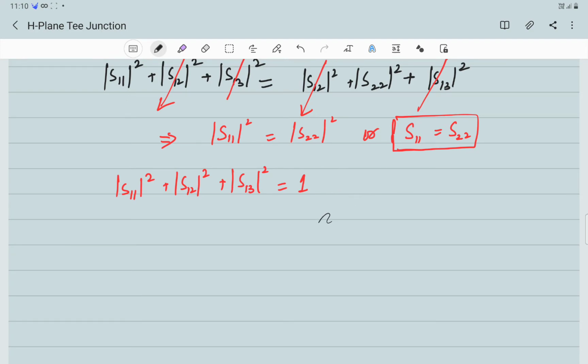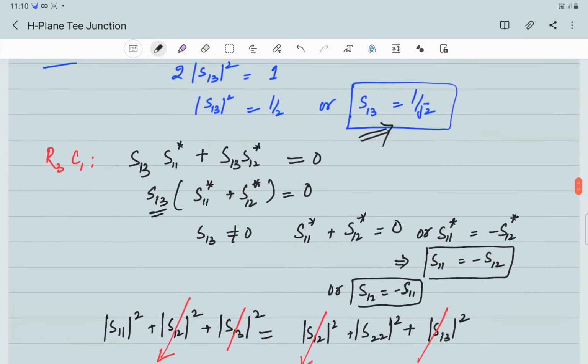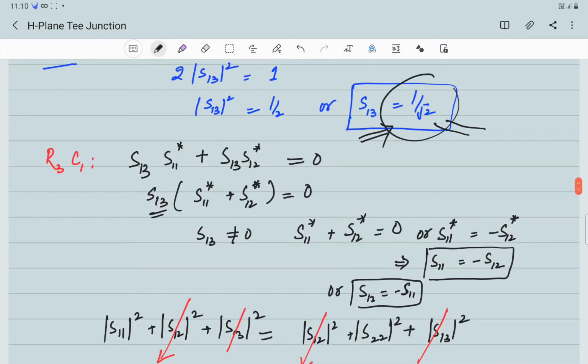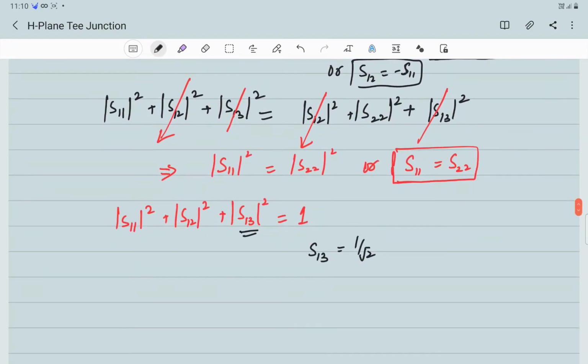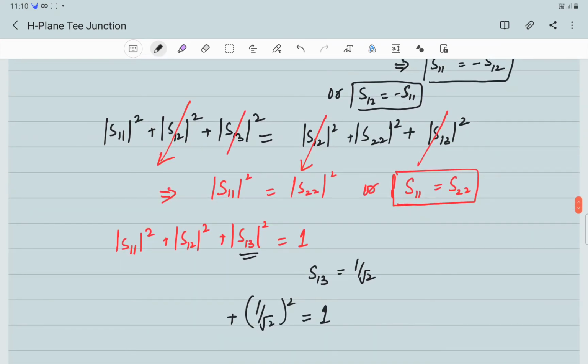We have also seen, we have already calculated, that S13 is 1 by root 2. So instead of S13 I can write 1 by root 2 square. Right hand side we have a 1, and so far as S11 and S12 are concerned, S12 is minus times S11. If I square it, that would mean S12 square is same as S11 square.